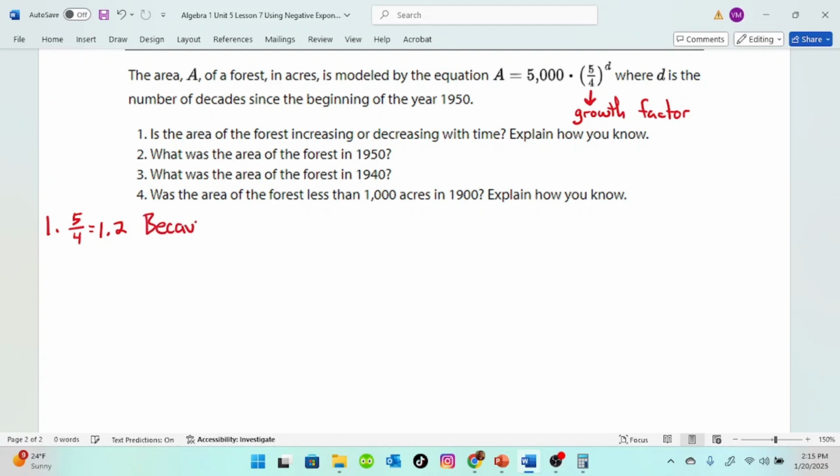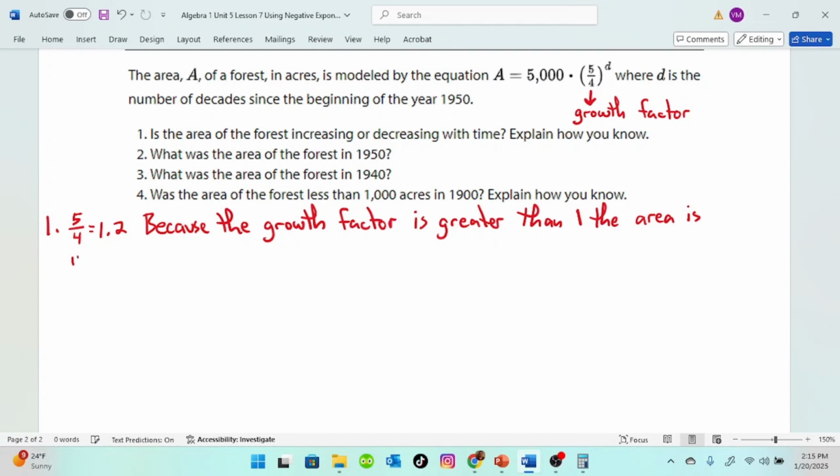Because the growth factor is greater than 1, the area is increasing. Anytime your growth factor is more than 1, you are increasing. Anytime your growth factor is less than 1, you are decreasing.